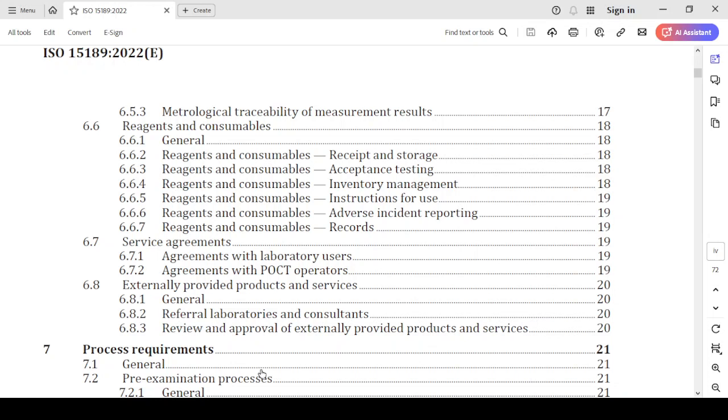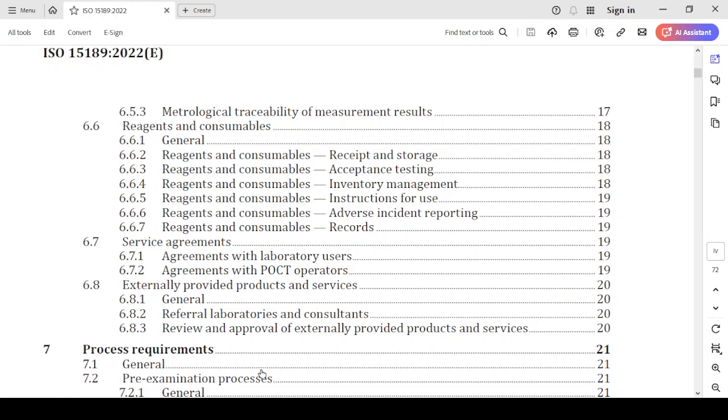An HIV kit is also a reagent, okay? Depending on how you are going to define it in your quality management system. Because I'm very sure it is not an equipment.